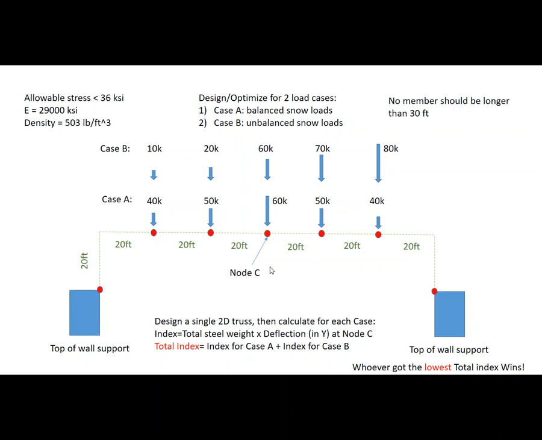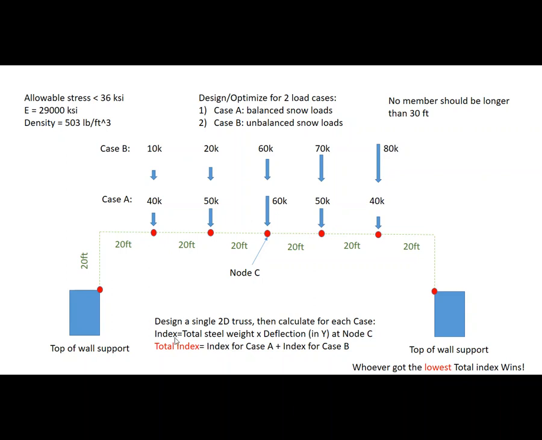Then you add every member together and you get your total steel weight. We want the total steel weight to be small, but if you make your truss too flimsy, the deflection is going to be huge because you don't have much stiffness. So what we're trying to do is balance those two, so we multiply them together to come up with what we call an index.